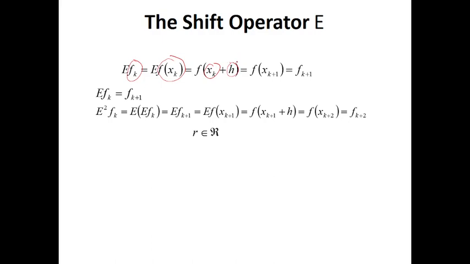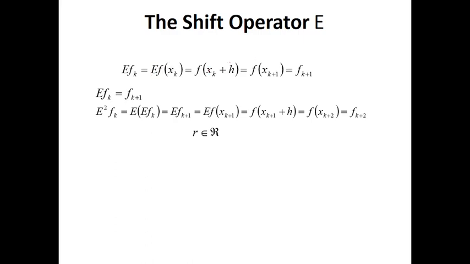So it is increased by h. So it is shifted by h. So that is the interpretation, okay? So the purpose of e is to shift the argument by one tabular interval. The argument is increased by one tabular interval.